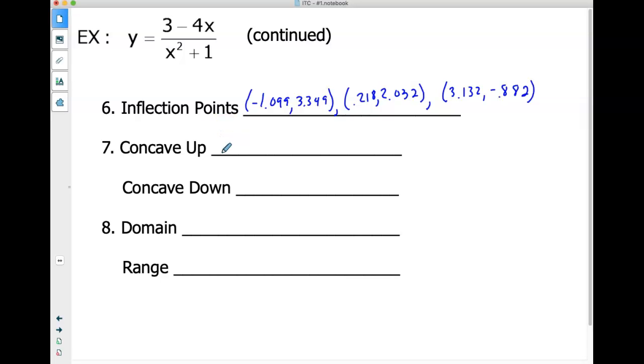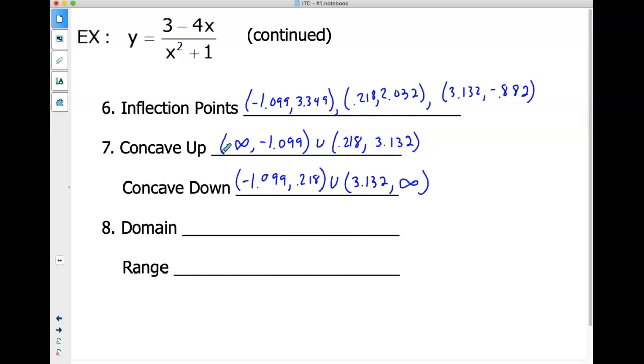I started at negative infinity until negative 1.099. And then I was also, usually I'd go from negative 1.099 until 0.218. And then at that 0.218, I went up until 3.132, and then union with 3.132. Forever and on, I was concave down.